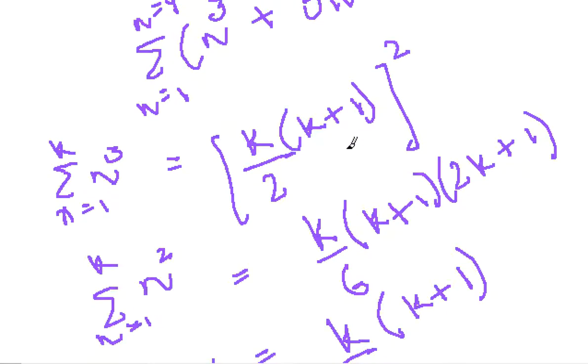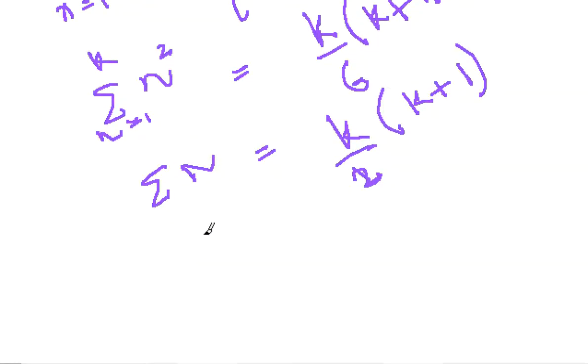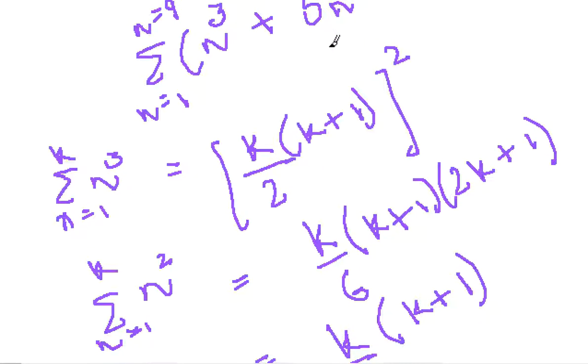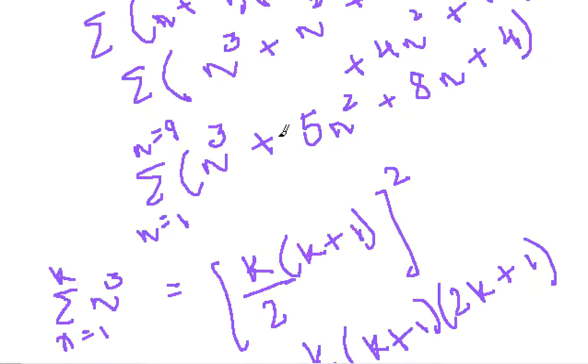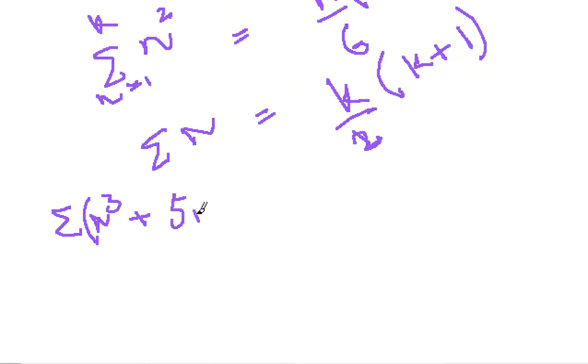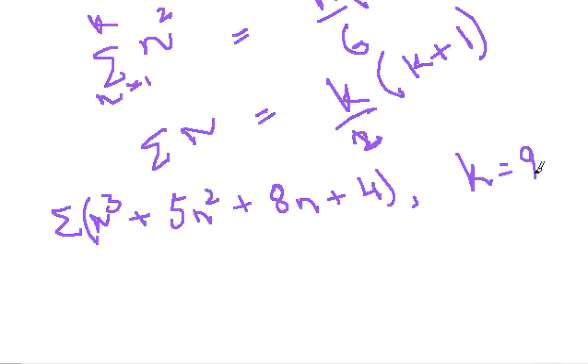So we have sigma n cube plus 5n square plus 8n plus 4, and note that k is equal to 9 here.